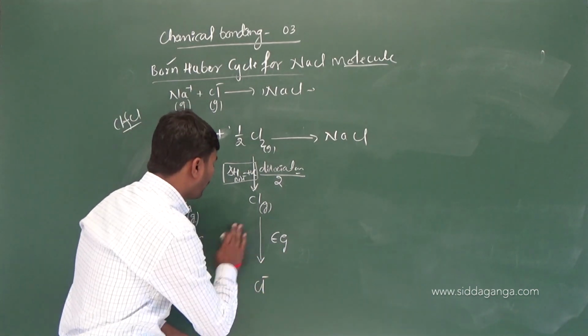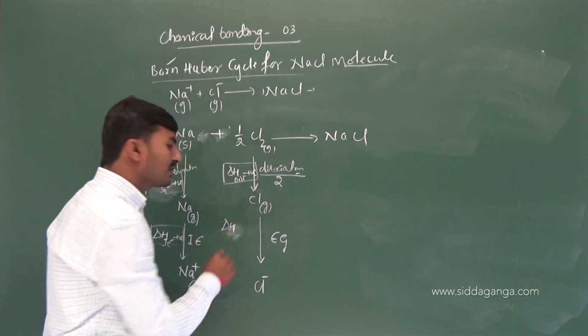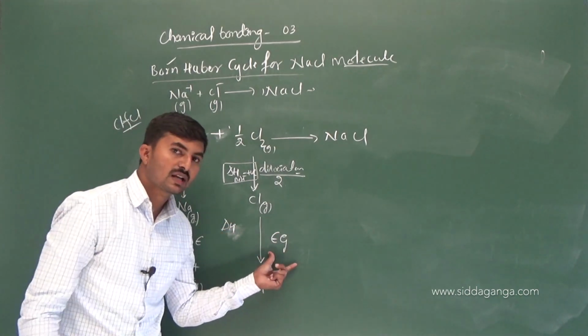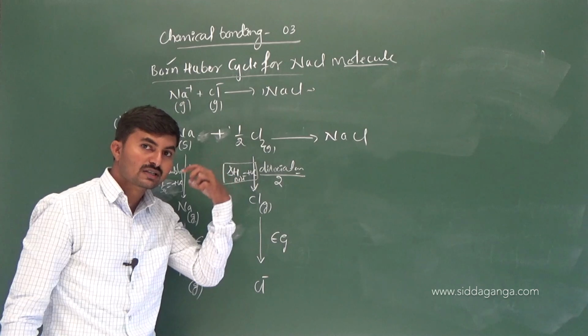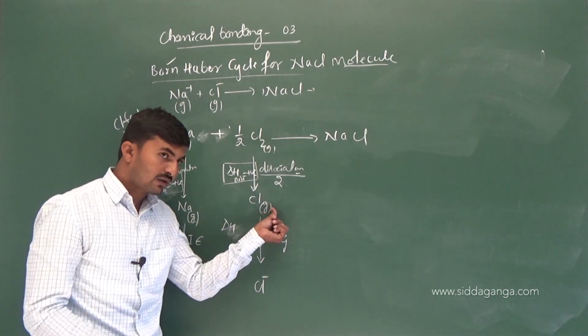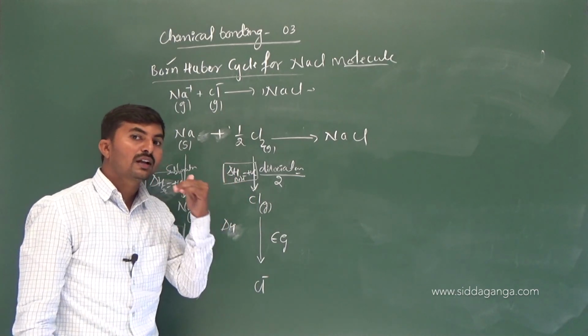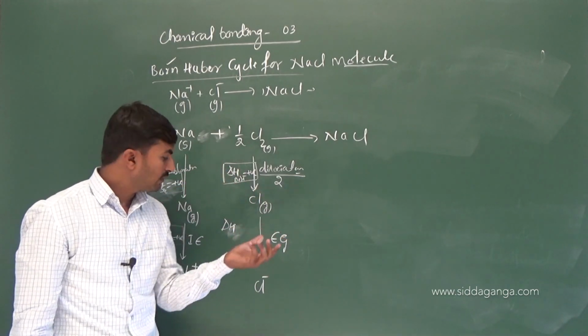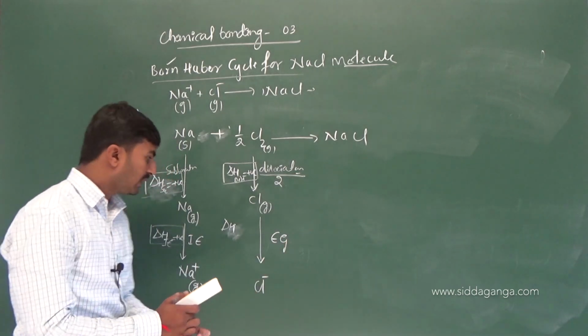What is the nature of heat here? Is energy released, or is energy required by the system? During the addition of electrons, some amount of energy is released by the system. That means this reaction is exothermic in nature.